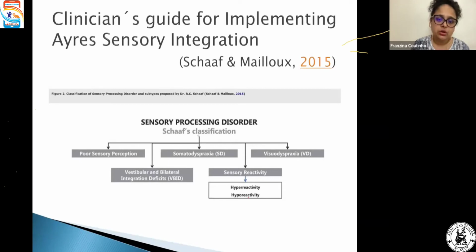Okay, now according to this, they've divided it into 5 different components, right? The first is poor sensory perception. So the ability to distinguish between pain and touch, for example, is something I very commonly see in my clinic. So we might be doing deep pressure with a child, and all of a sudden you might see insane laughing or giggling, right?